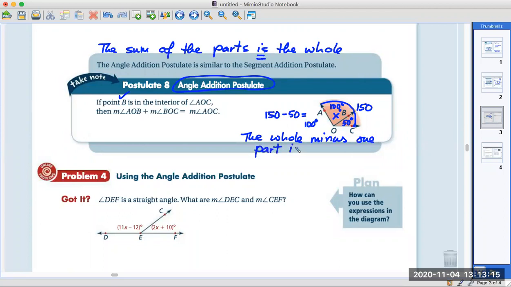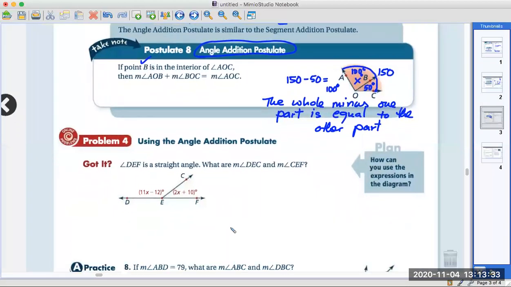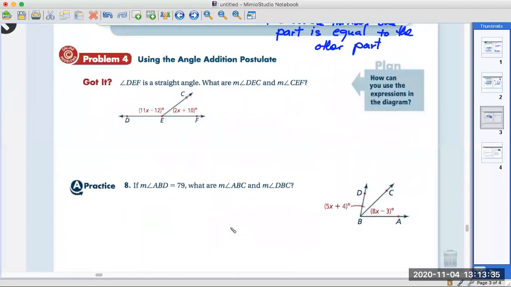Is equal to the other part. So that's how you can look at it. Yeah, the whole minus one part is equal to the other part. And now let's use it.